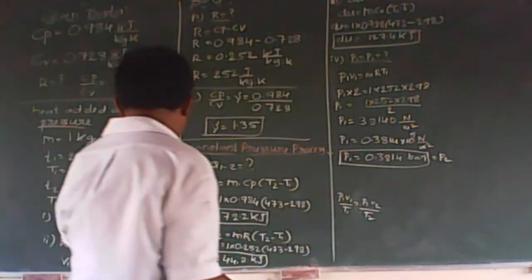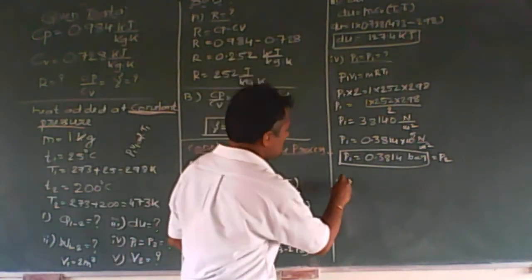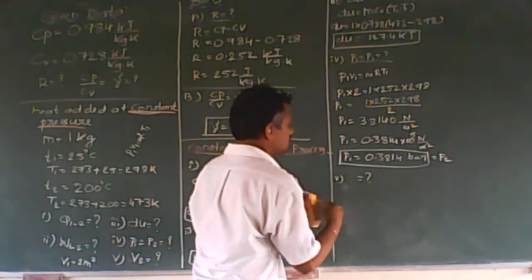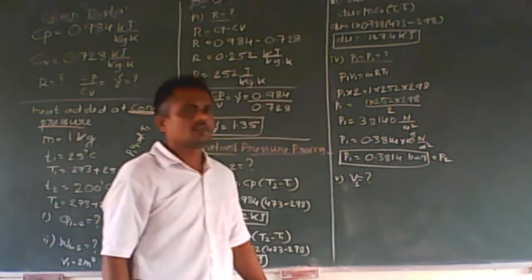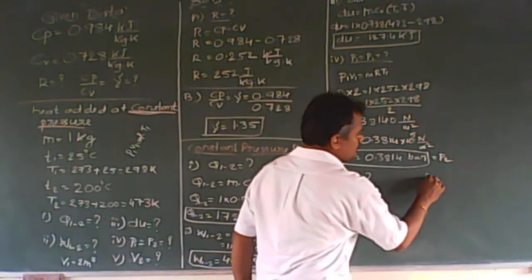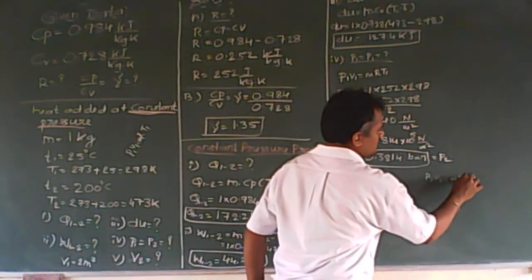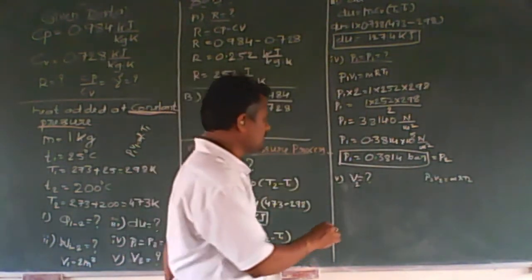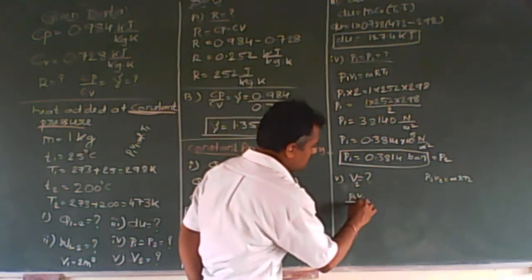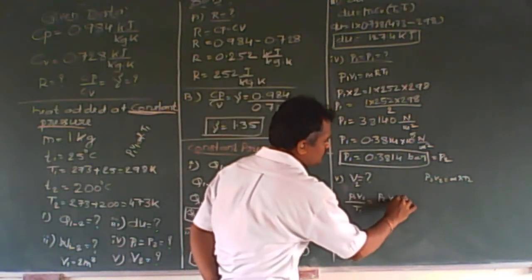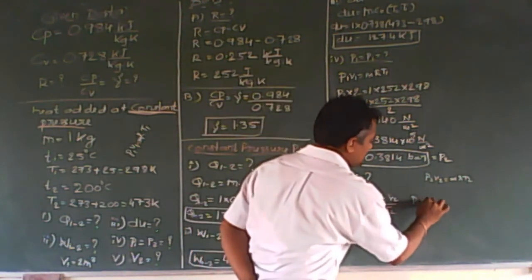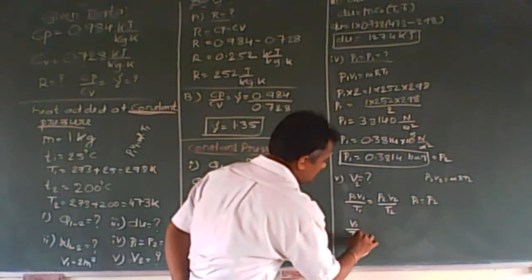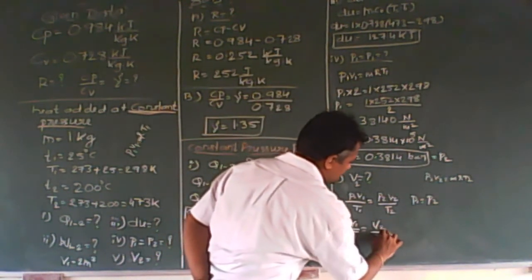Afterwards we have to calculate V2 also. So how to calculate V2 here? Any equation you can use. One is P2 V2 is equals to MR T2, or otherwise for a constant pressure process, P1 V1 by T1 is equals to P2 V2 by T2. In this P1 is equals to P2, so we get V1 by T1 is equals to V2 by T2, correct?